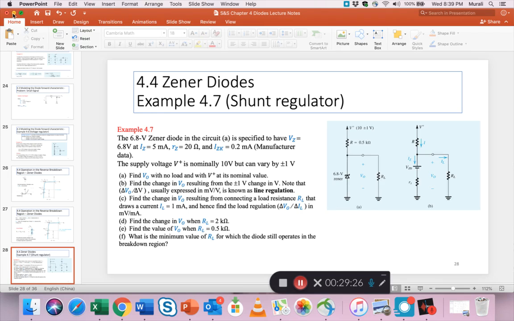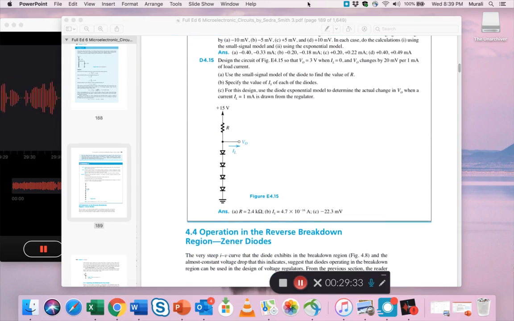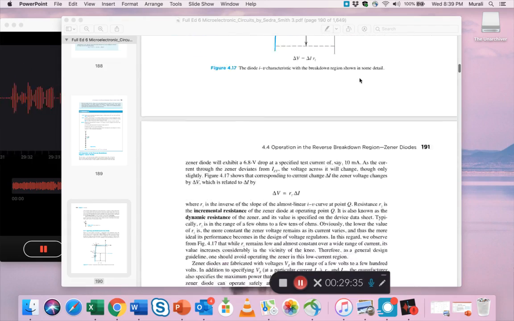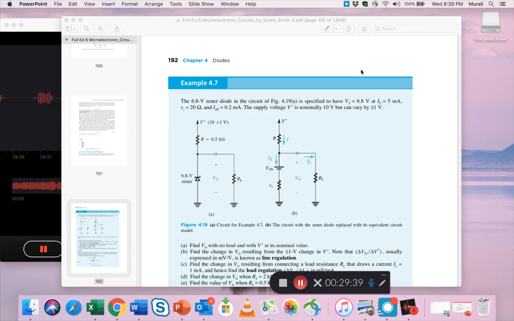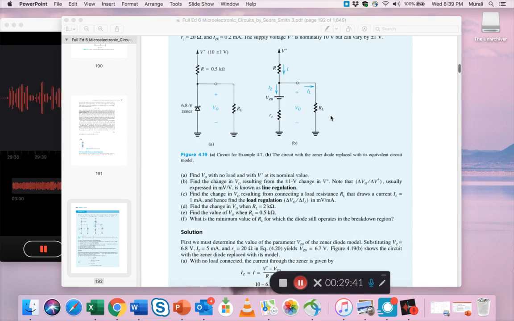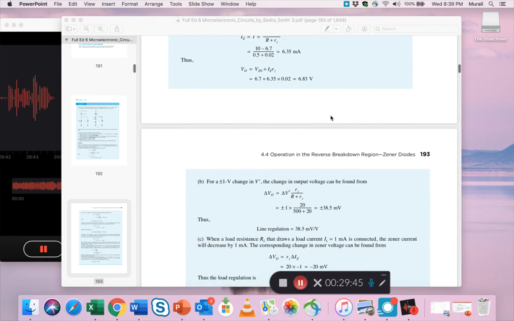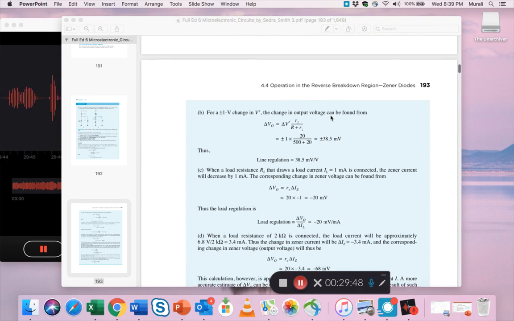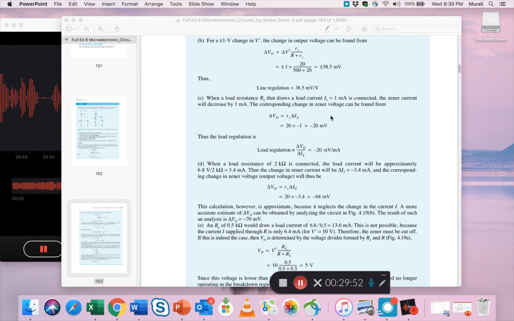So again, we are running out of time, so I'll just briefly open up the page where the solution is. It's example 4.7 on page 192. I request you to go through it, and you will see that the Zener diode does a great job of regulating the voltage.